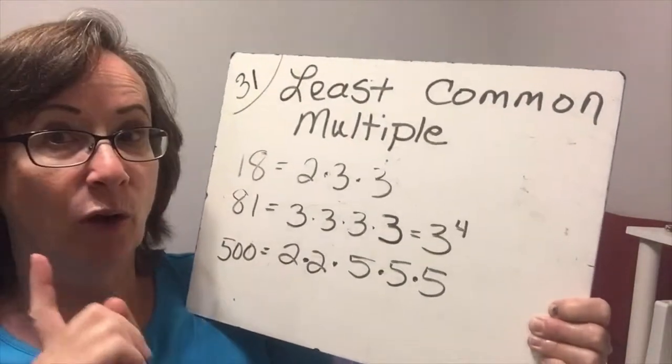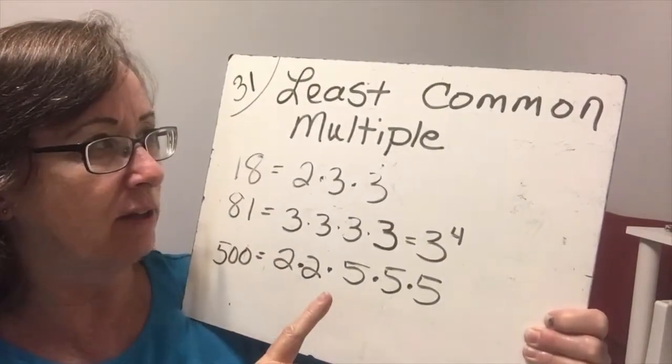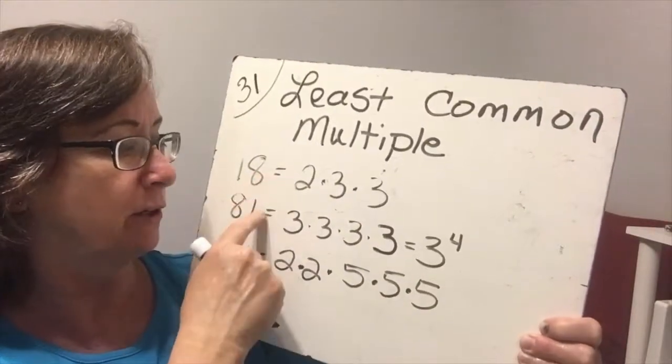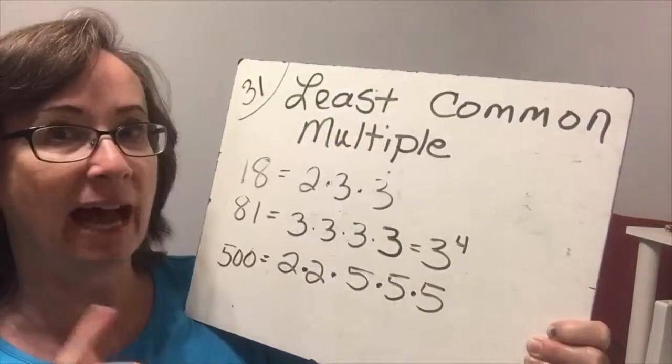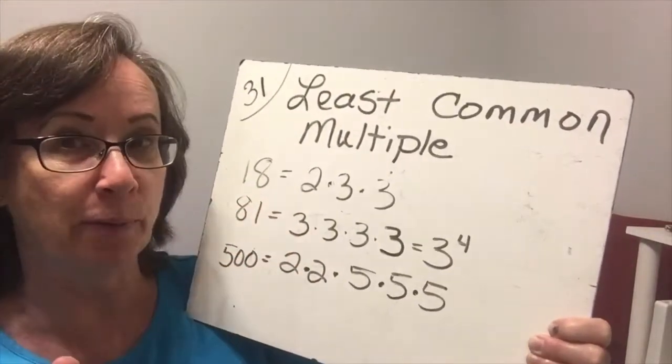Now, we are going to have all of those in our least common multiple, but the least common multiple partners here can share the factors. In other words, I don't need to be able to find 18 and 81 separately.